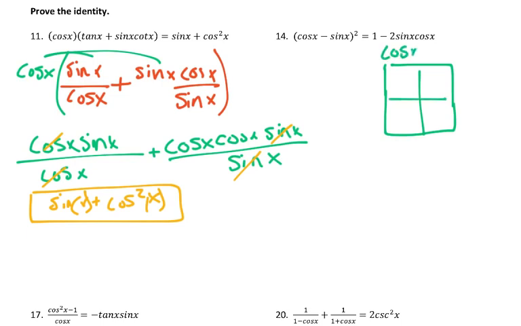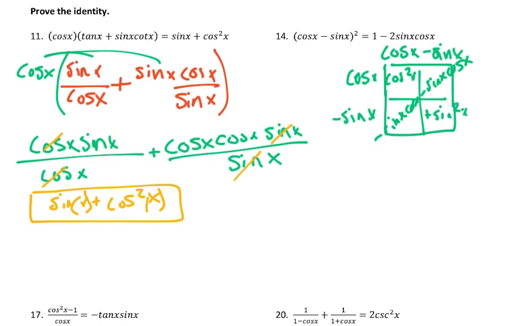So cosine of x, negative sine of x, and then cosine of x, negative sine of x. And so if I multiply them, this first piece is going to be cosine squared of x. This piece here is negative sine x cosine x. Same thing over here, negative sine x cosine x. And then positive sine squared of x.